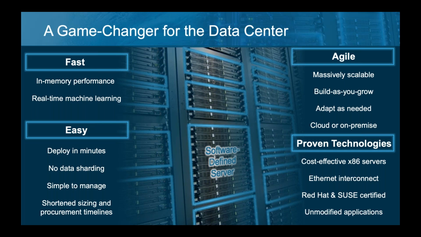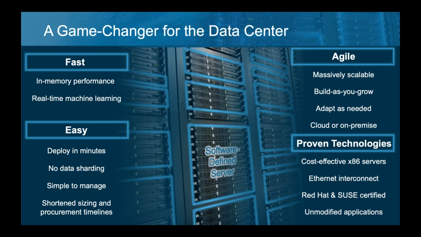And in fact, whenever I go out to a customer installation, it's almost never that they need to go get new hardware. You have everything you need already in your data center. And because we don't have any changes to the operating system, no special kernel, no special device drivers, we don't have to modify the OS, and our applications run exactly the same as they would on any other operating system.